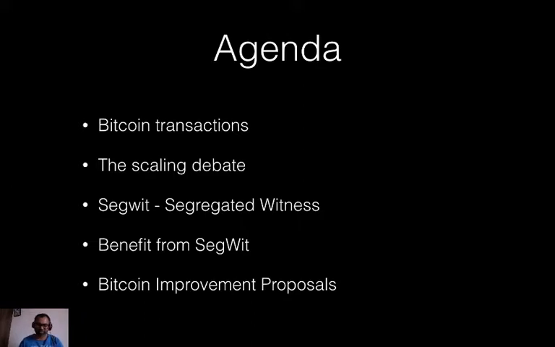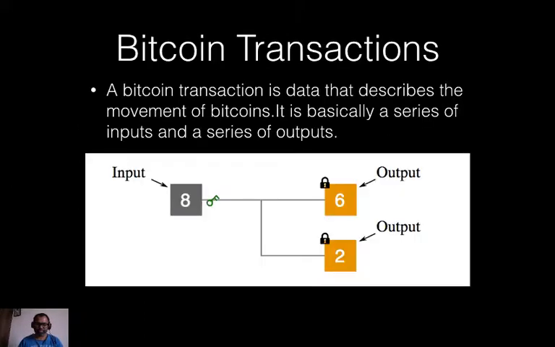And again, the topics may not be in this order. They may change depending on the requirement of the session. I may move some of the topics before or after, so that we are more clear on what is SegWit.